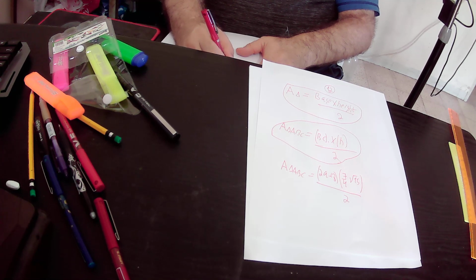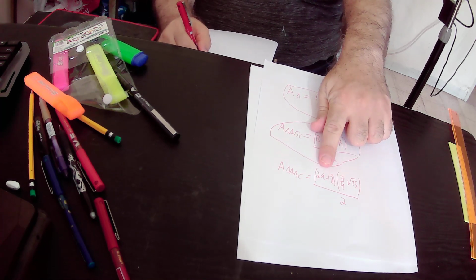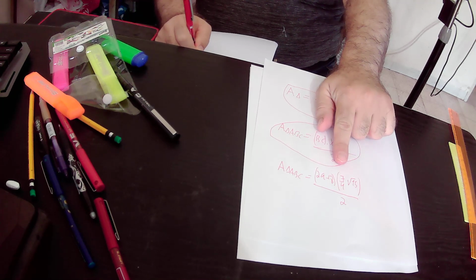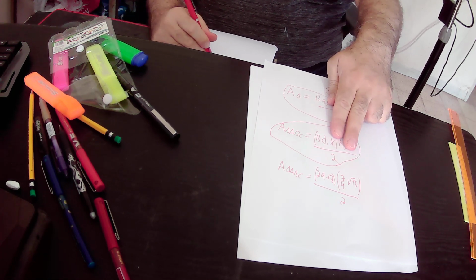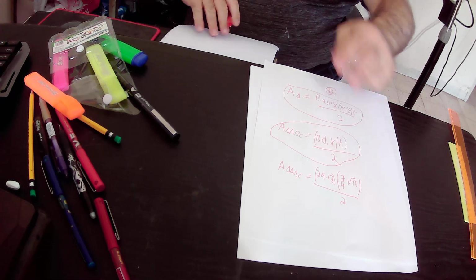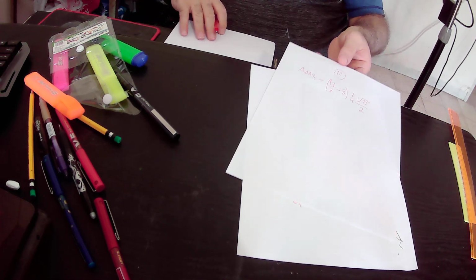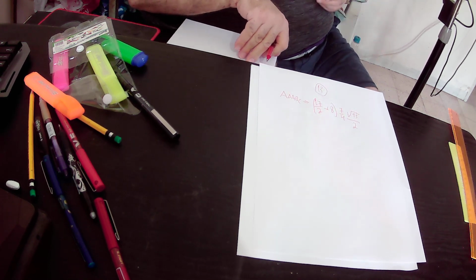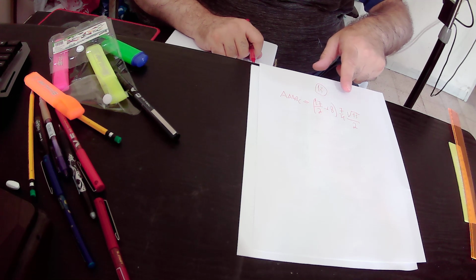So the area of triangle ABC equals 2a is 17 over 2 plus 8 times 7 over 4 times root 15 over 2.